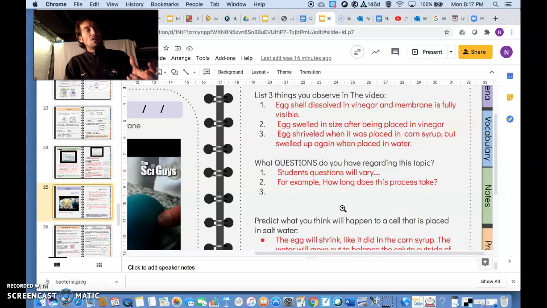The vinegar is very low in solute, right? The egg shriveled when it was placed in corn syrup, right? So in this case, the material outside the cell is very high in solute. So what happens, right? Where's the water going to go?